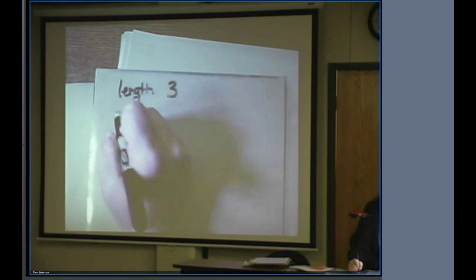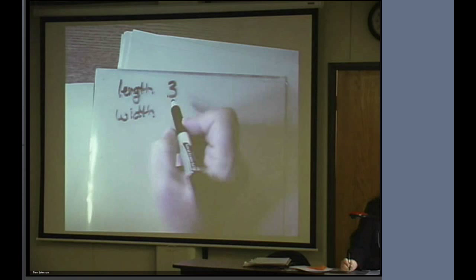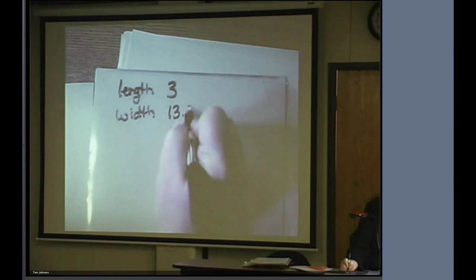Can you do 21? I'd love to do 21. Okay, 21, we're not given the picture. We are told that the length is 3, the width is 13.4.